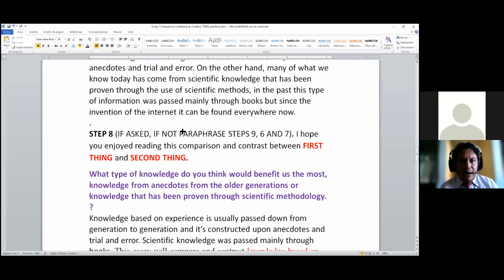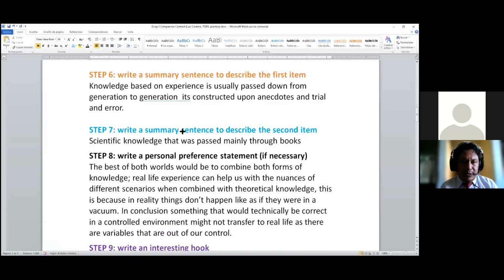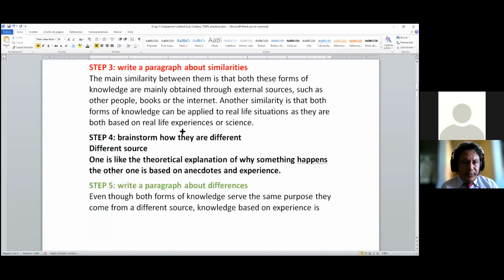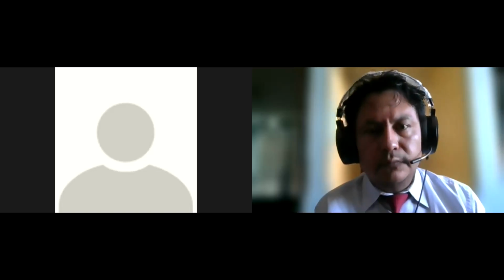So let's read how your score is processed. Okay. Please stop sharing it. I'm gonna share the PDF. Okay.